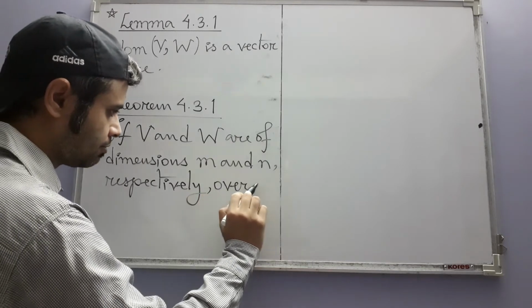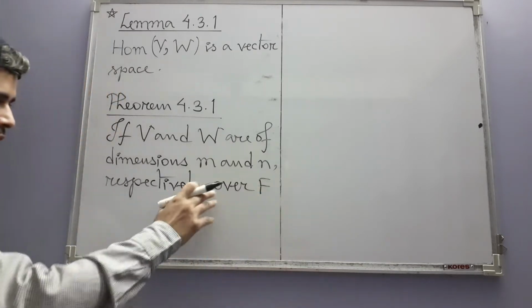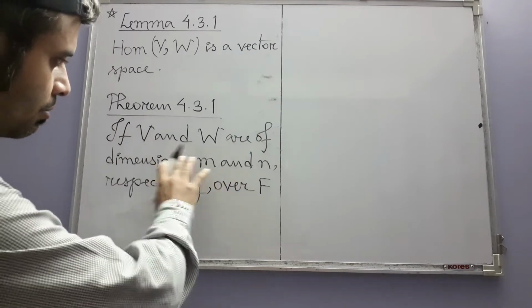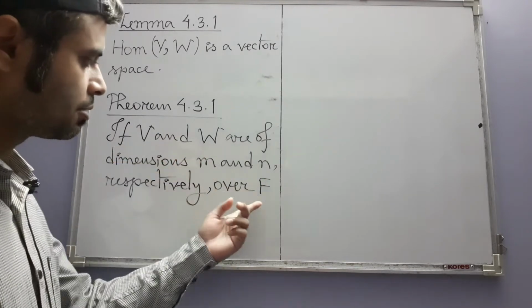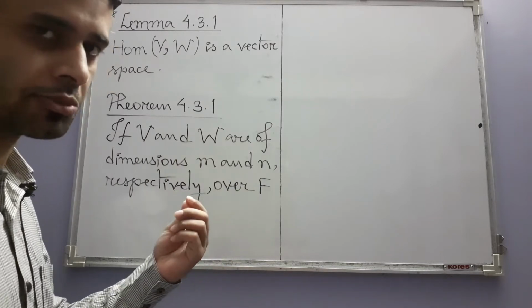Mentioning that these dimensions are over F also tells us that both are vector spaces over that common field F.